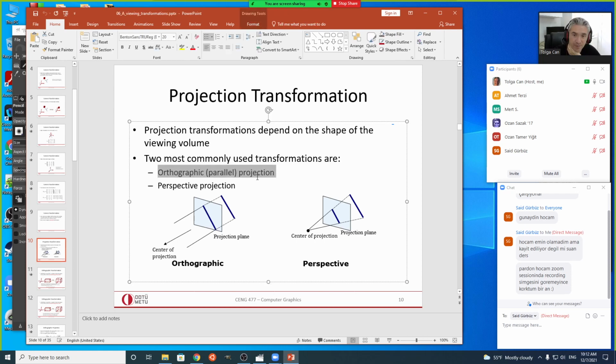Such orthographic projections are sometimes used in mechanical drawings and computer-aided design, because perspective distortion may make objects seem distorted or smaller at the end. If you look at them very closely, it may give you a feeling that they are not really cubes or rectangular prisms.